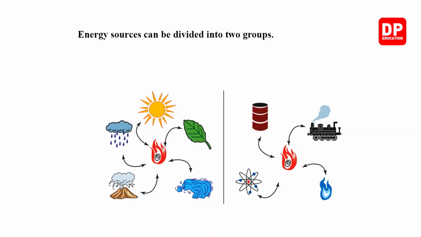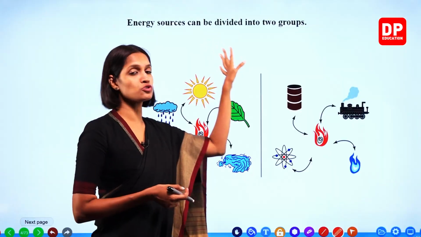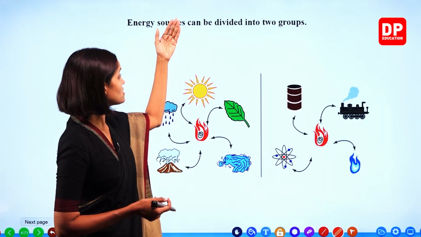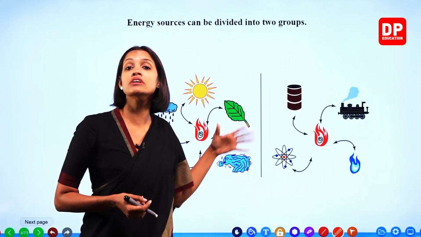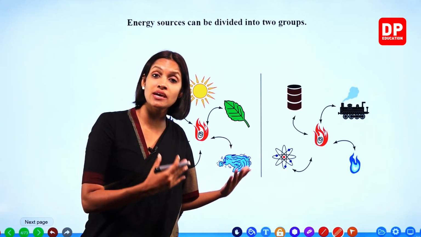Okay. So energy sources can be divided into two groups. This is depending on the time period they take to reproduce or to produce again, right?